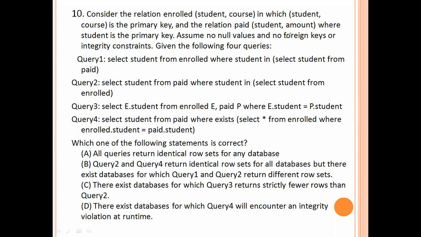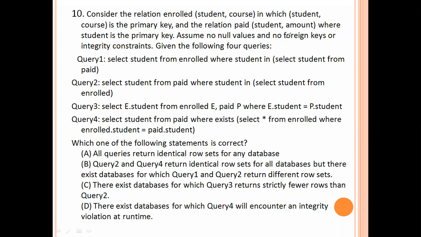Query 2: select student from paid where student in (select student from enrolled). Query 3: select E.student from enrolled E, paid P where E.student equal to P.student. Query 4: select student from paid where exists (select * from enrolled where enrolled.student equal to paid.student). Which one of the following statements is correct?